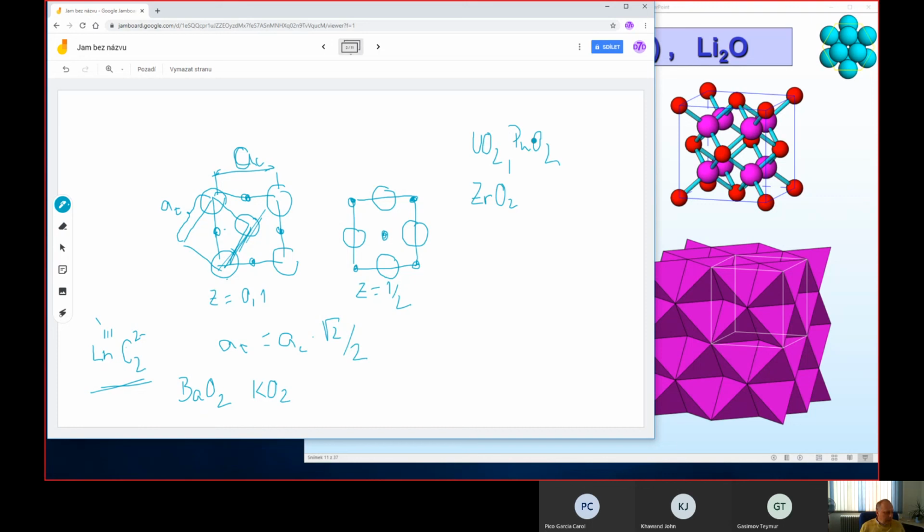There are also some halides like cadmium fluoride or strontium chloride. All these adopt the calcium fluoride structure: calcium fluoride, cadmium fluoride, strontium chloride and so on.